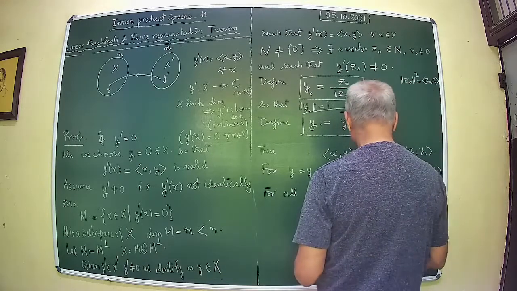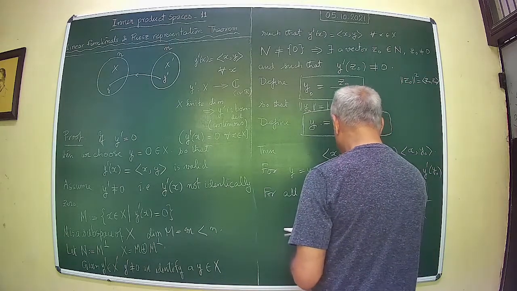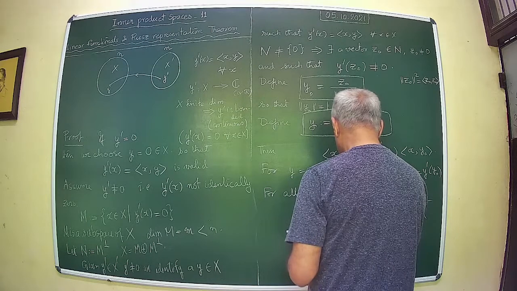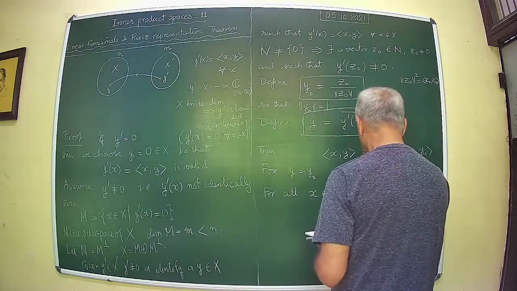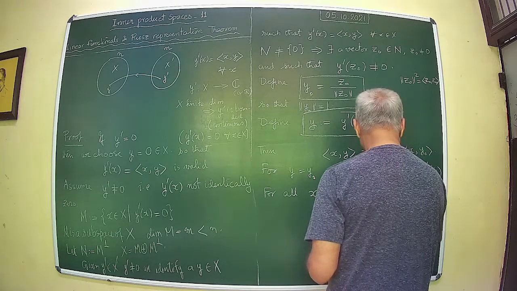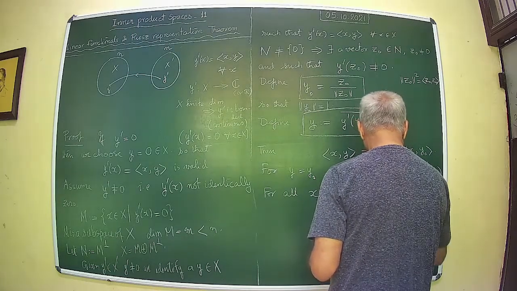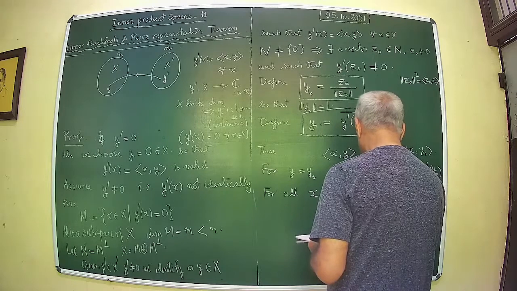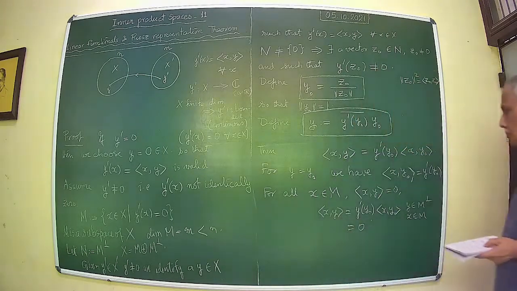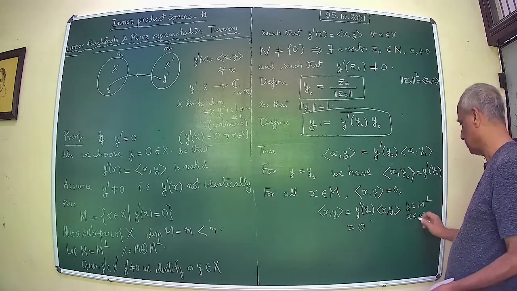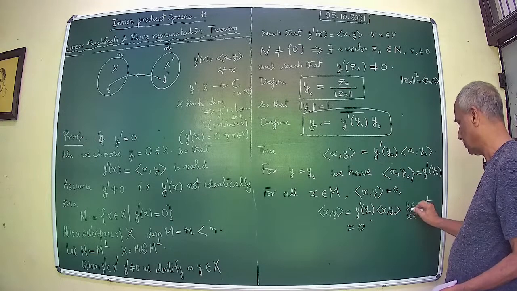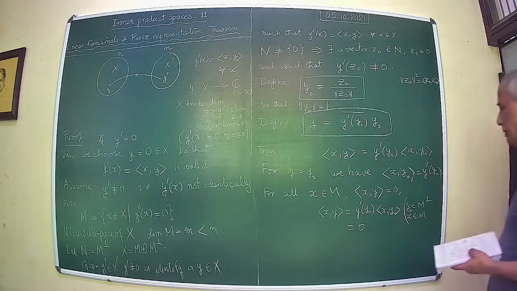Because you have xy equal to, and this is equal to 0. That's the reason. Because you have y naught belonging to M perp.